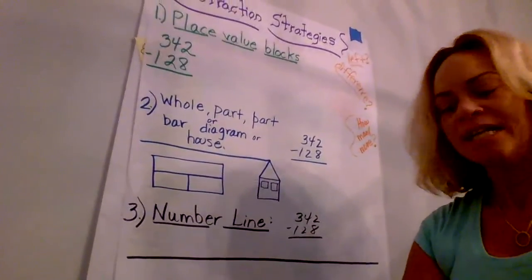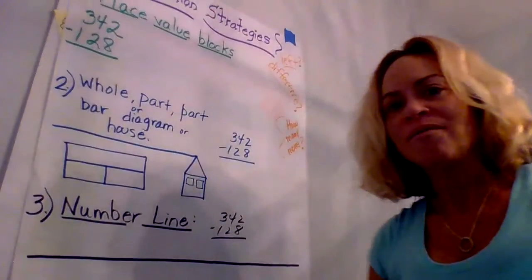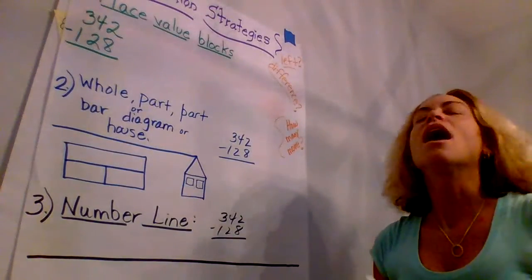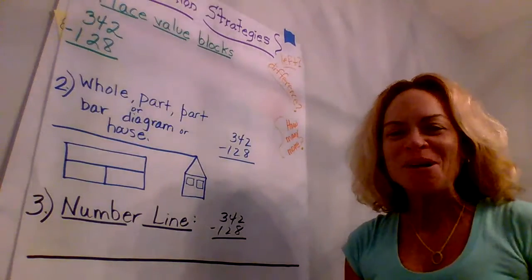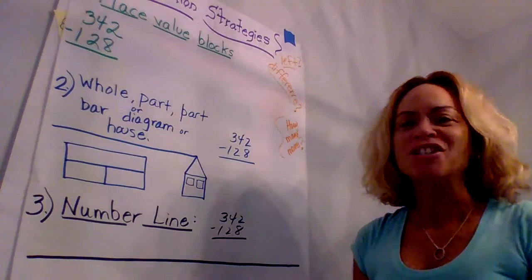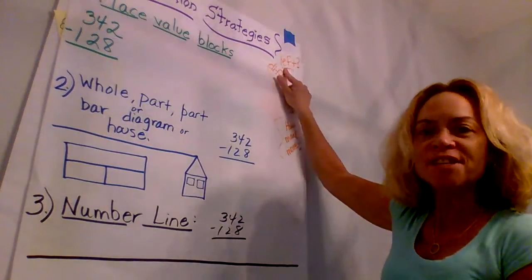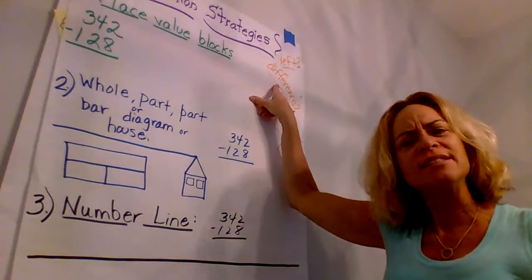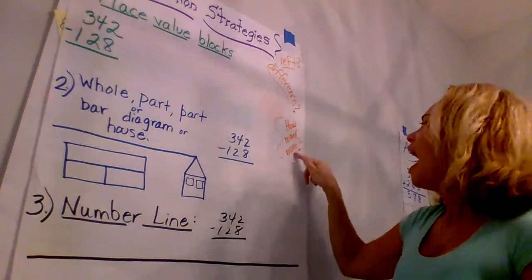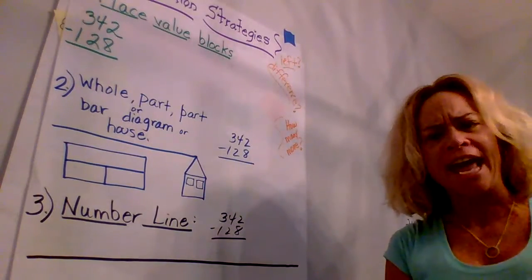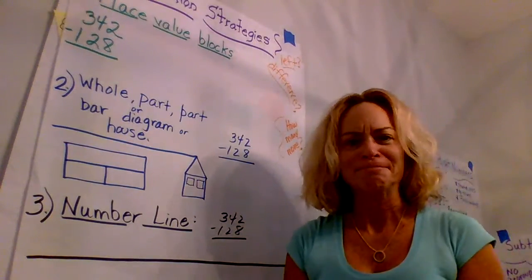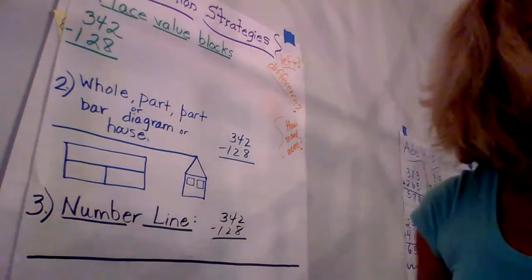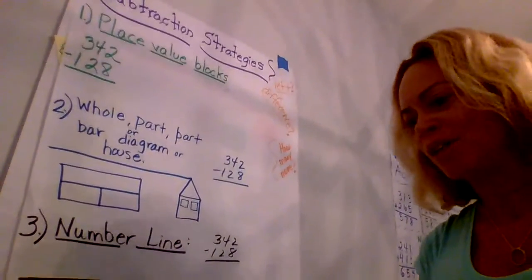Now, as you can see over here, we've got some keywords that explain subtraction. When you hear what is left, you know to subtract. When you hear what's the difference, subtract. And when you hear how many more than, subtract. Okay, are you ready? So let's start with place value blocks.